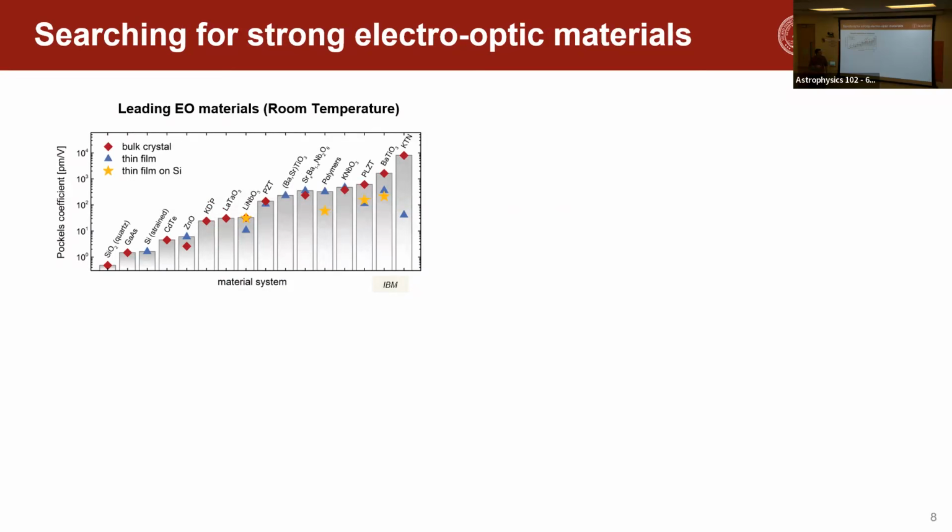And all of these operate with different efficiencies, but crucially, many of them either operate worse at cryogenic temperatures, or at best, they operate the same way, so at the same Pockels coefficient as they do at room temperature. So can we do better than these existing systems? And how do we look for new materials that might operate in a better way than what we know currently?